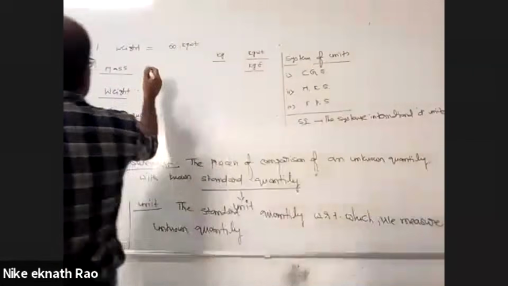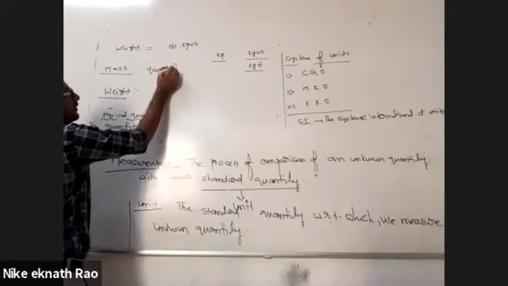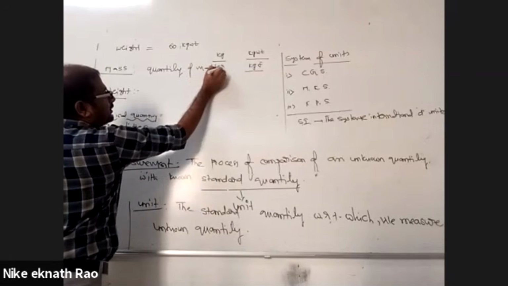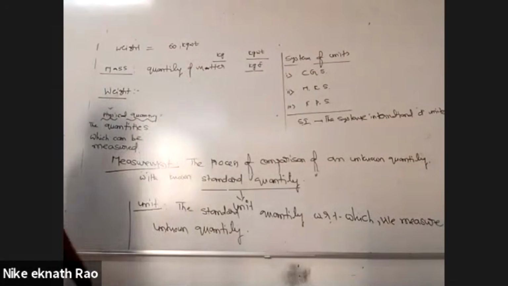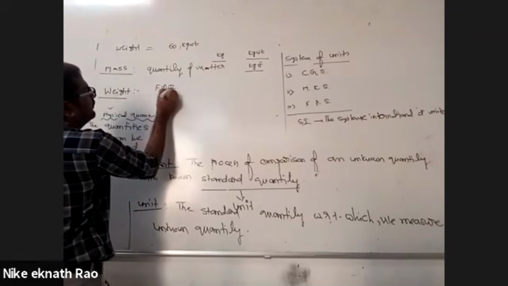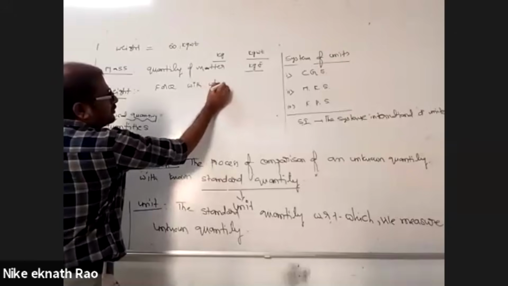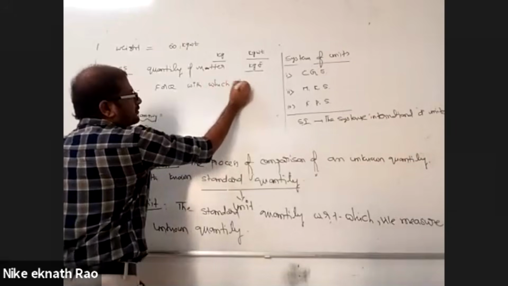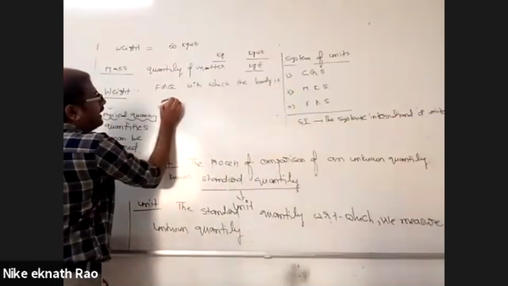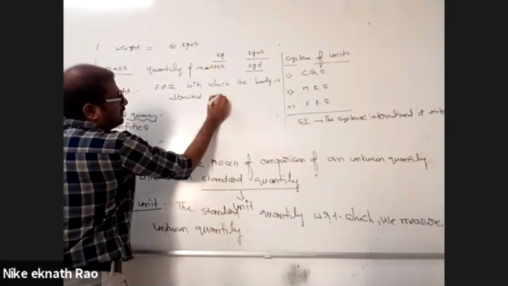So mass is the quantity of matter. How much matter is present in a body? So the quantity of matter present in a body is defined as mass. What is weight? Weight is defined as the force with which the body is attracted towards the center of the earth.